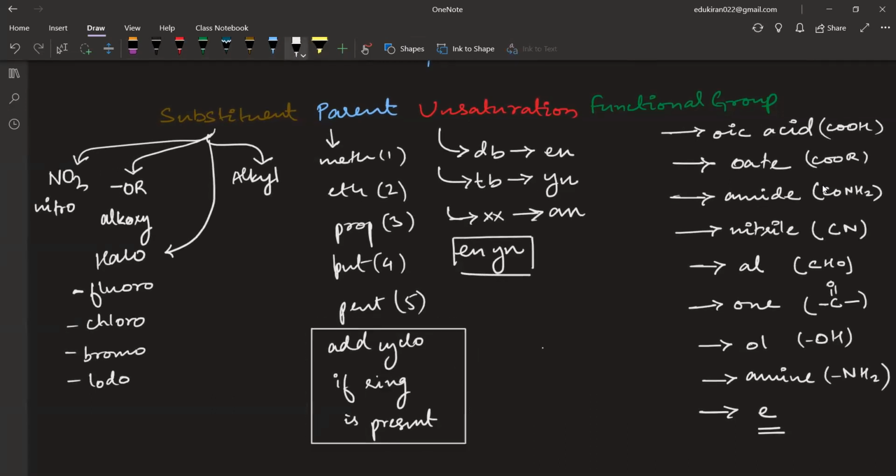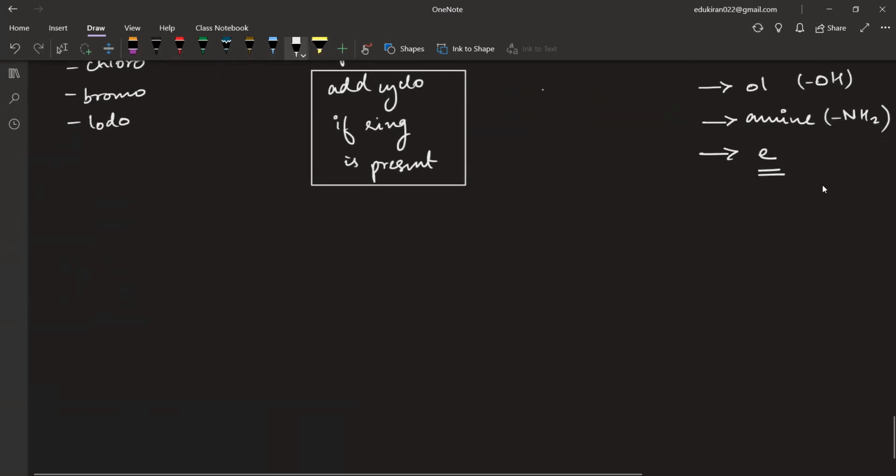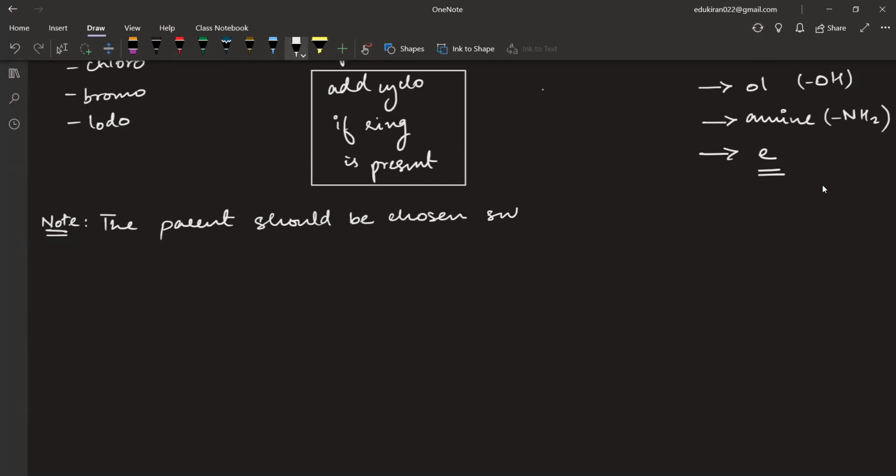Okay, fine. Now write a note. The parent should be chosen such that it should contain functional group.